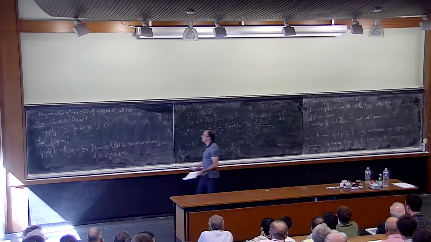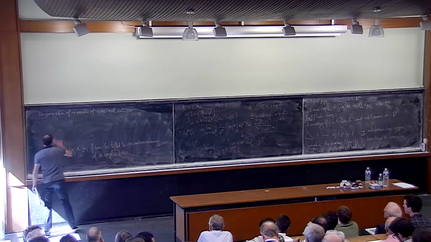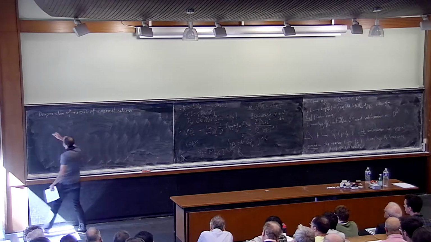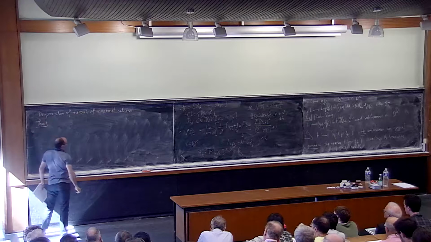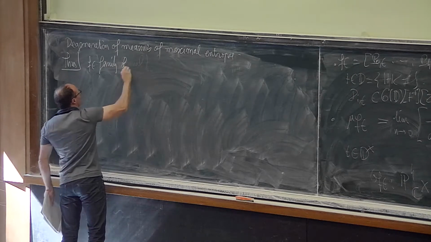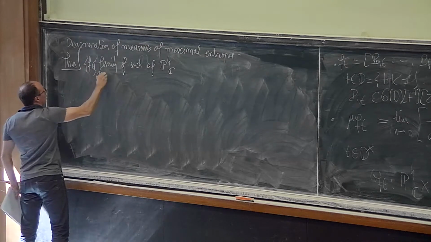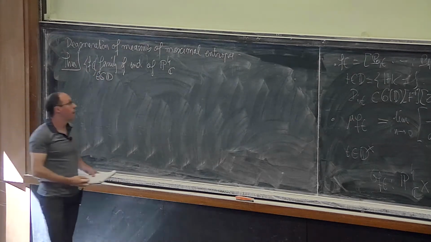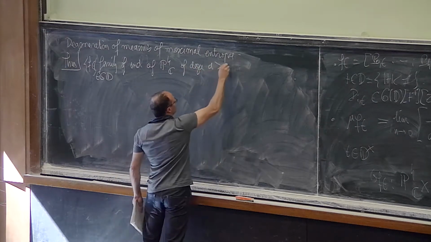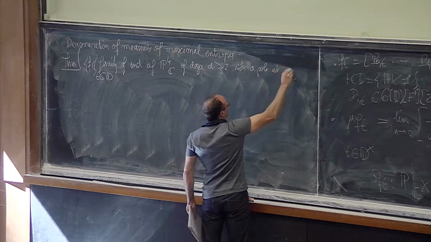Okay, so let me state now the main result, at least a simplified form of my main result. As before, f_t is a family of endomorphisms of P^k, parameterized by the unit disk, of degree d at least 2, with possibly a pole at 0.